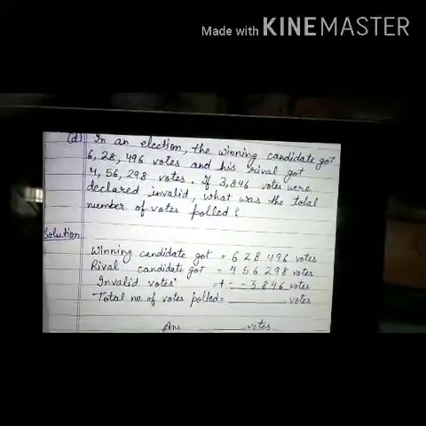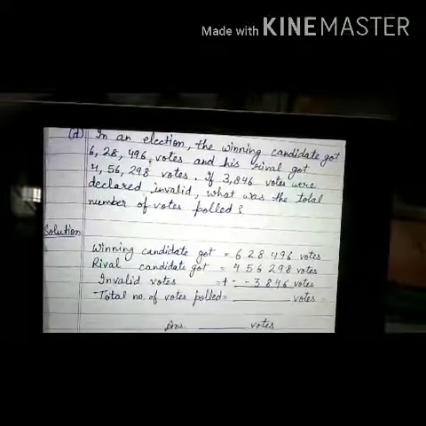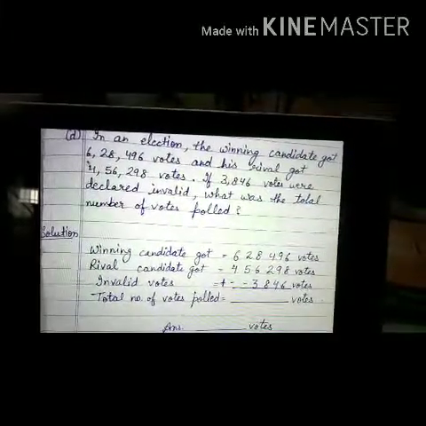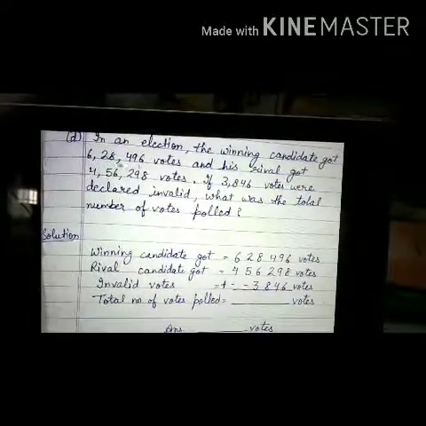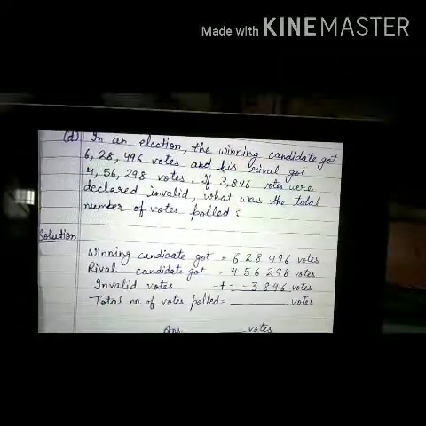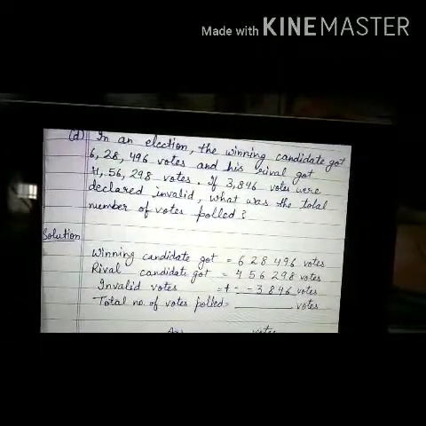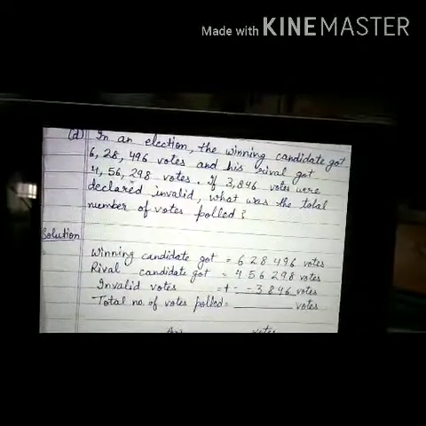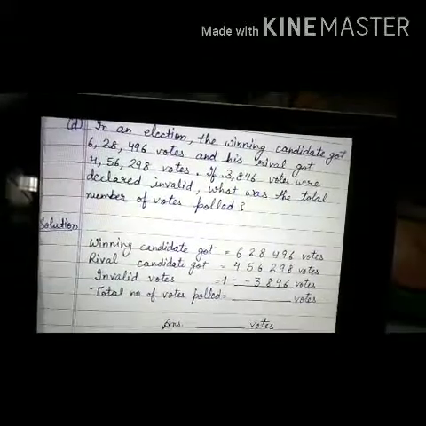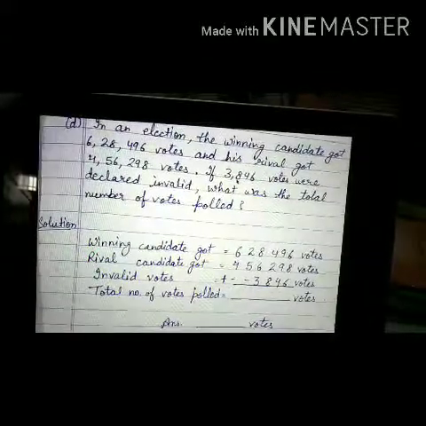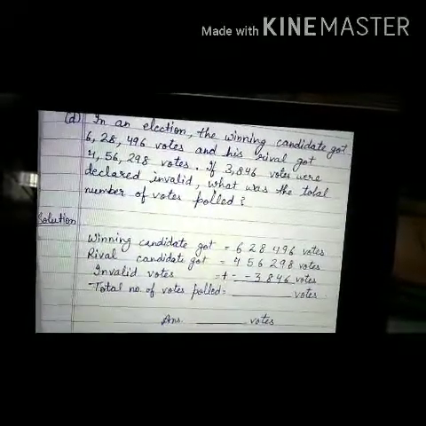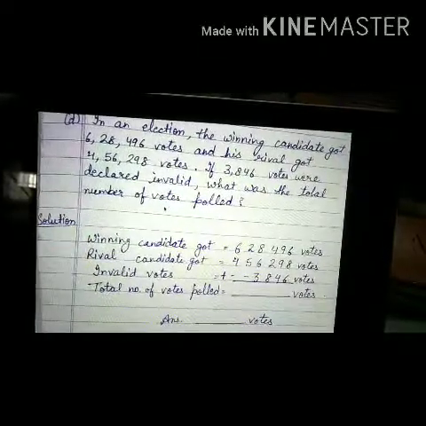Next question is, in an election the winning candidate got 6,28,496 votes and his rival got 4,56,298 votes. If 3,846 votes were declared invalid, what was the total number of votes polled?